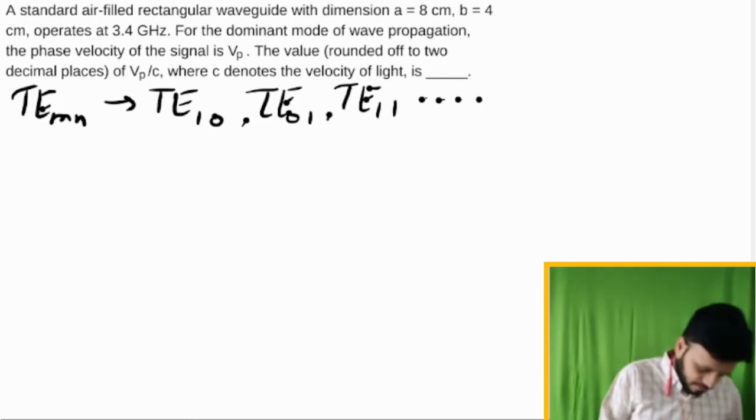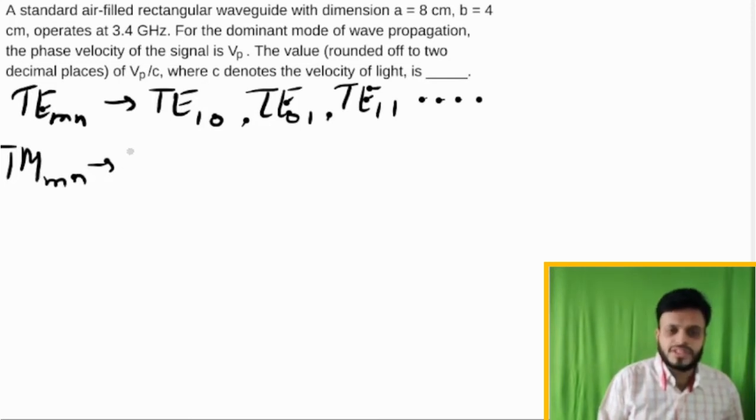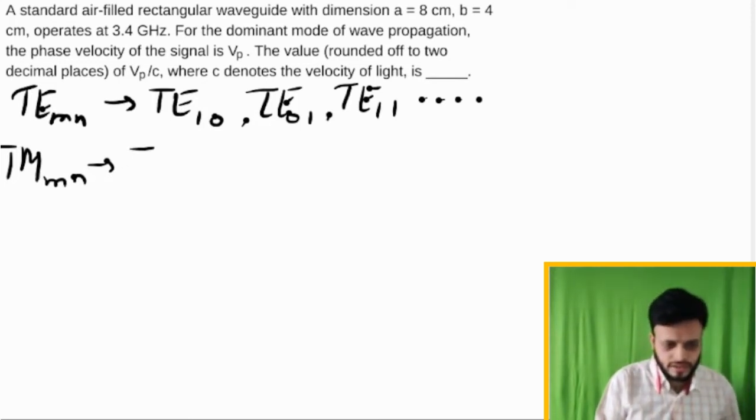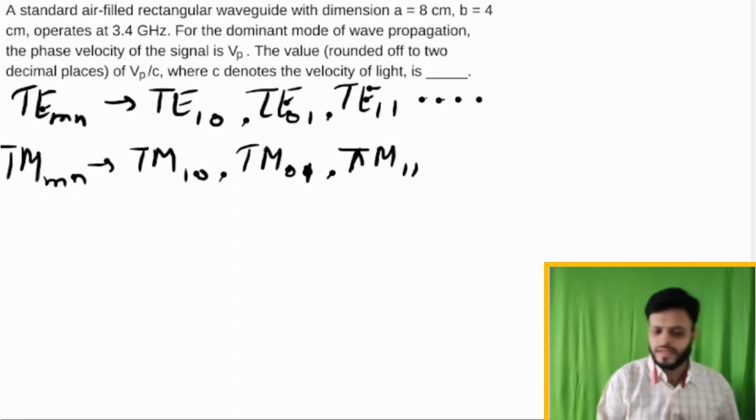And for the TM wave, TMmn, the combinations which are possible are TM10, TM00, TM01, then TM11, and so on.